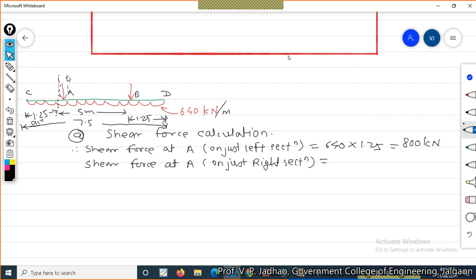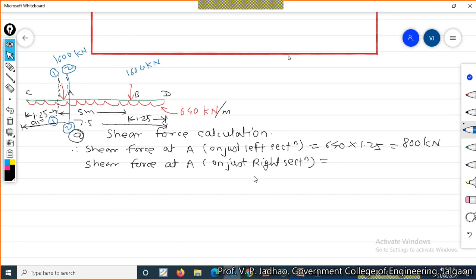Let us consider the second section is here. This was the first section, and this is now the second section. Now this load here is 1600 kilonewton.